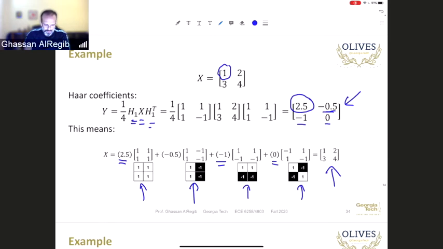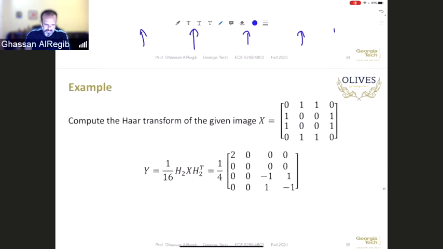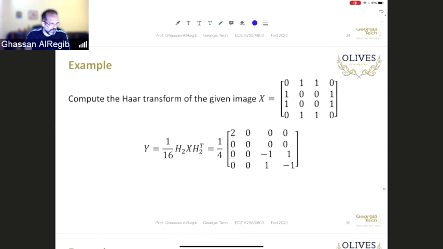So now I'm going to go to another example where you can do this by hand, but there is a twist to it. So imagine that this is my 4 by 4 image, and now I want to apply the Haar transform. So I want to look at this as a 4 by 4. I use the H2, and if I do that, here is my coefficient, right?